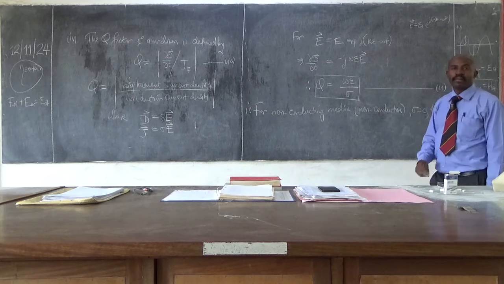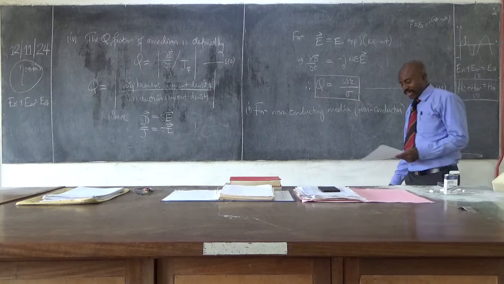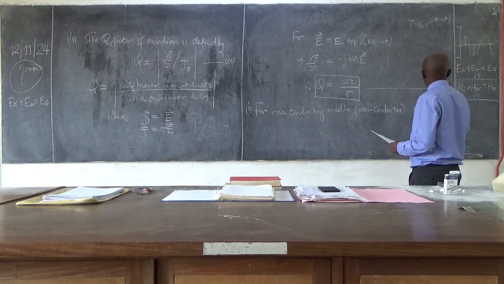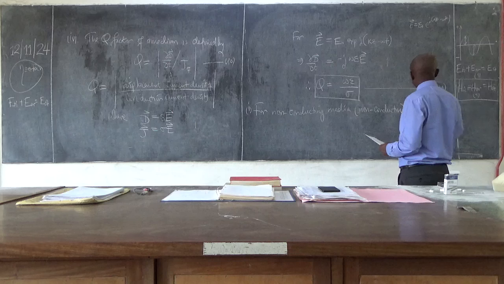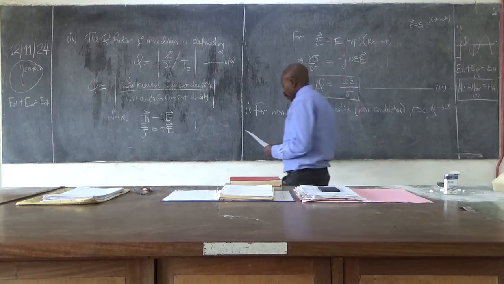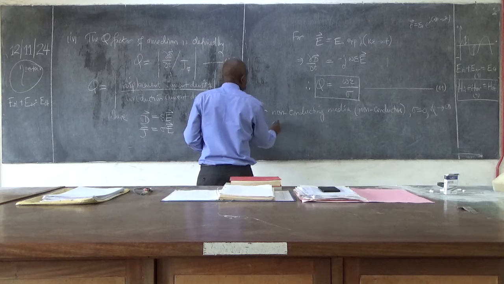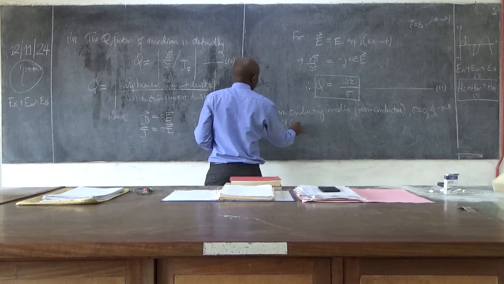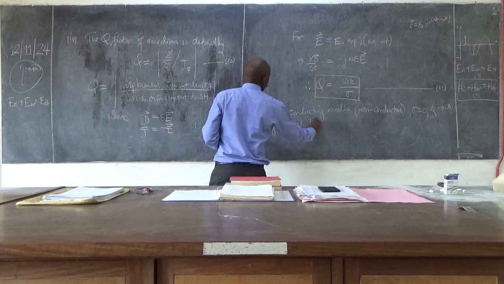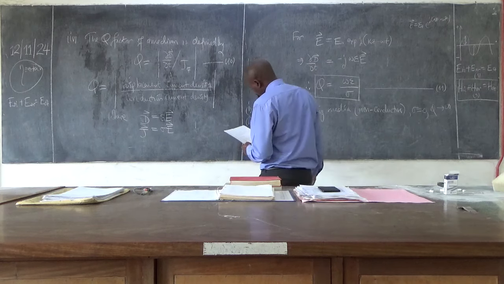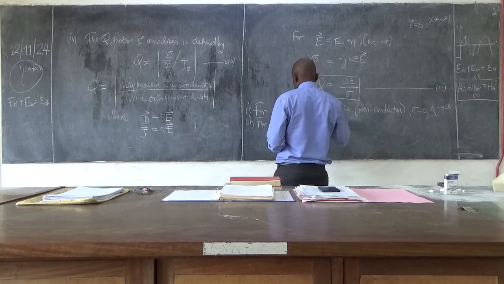If sigma is 0, Q is infinite. So this would be large. For good conductors, Q is very small.